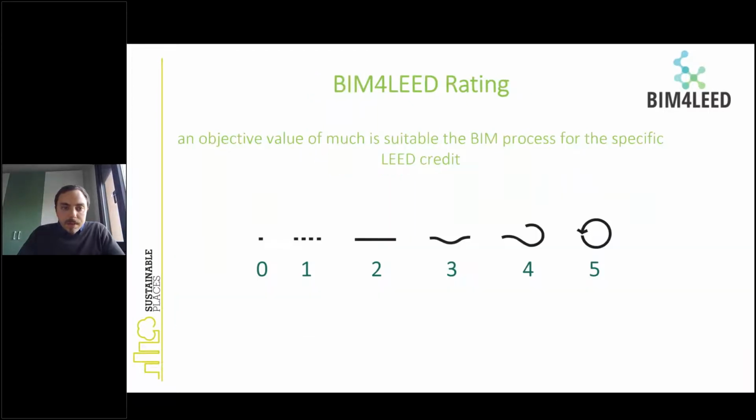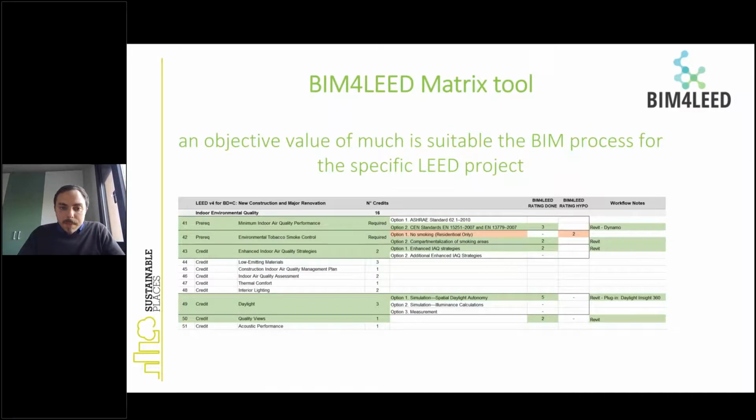So we invented this BIM for LEED rating, an objective value of how suitable the BIM process is for the specific LEED credit. And we give this BIM for LEED rating for each LEED credit.